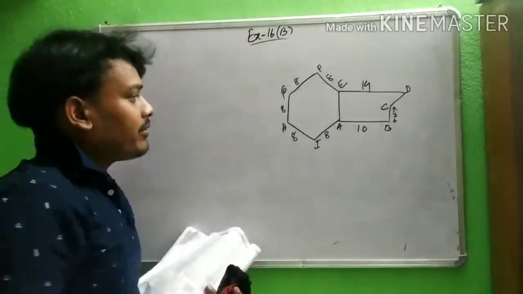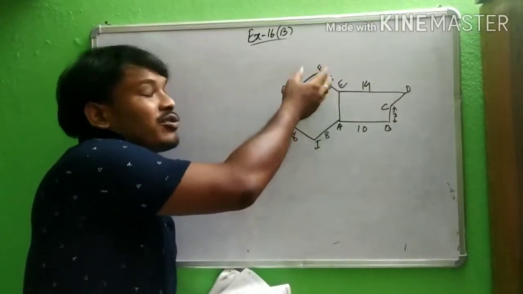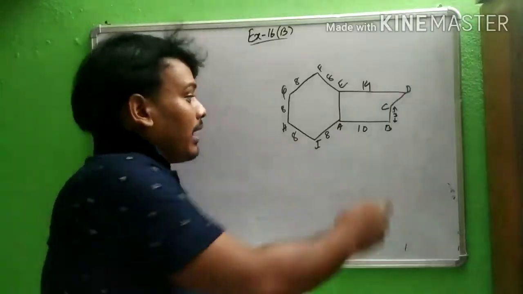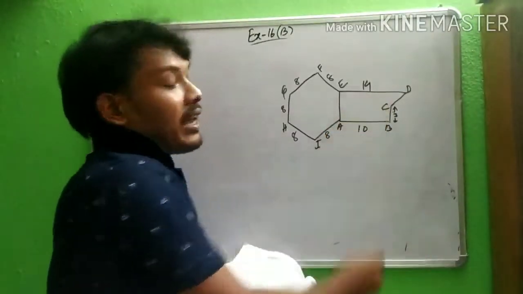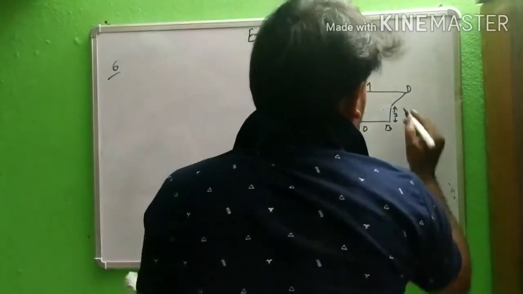So find the area of this figure. It is a regular hexagon, so it is very easy to find the area of a regular hexagon. And we cannot find the area of this figure directly, so we divide this figure.